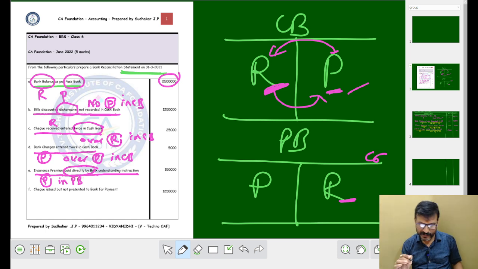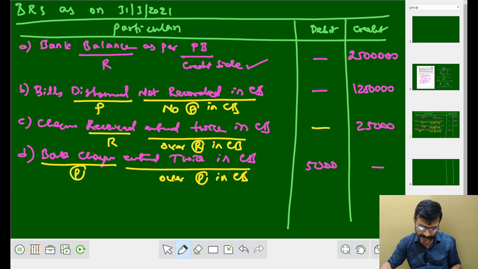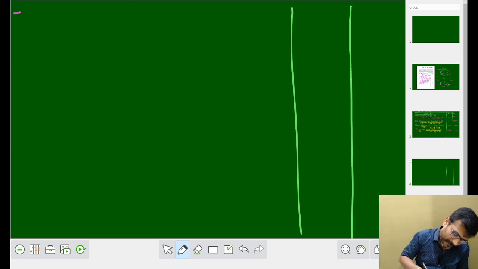My dear kids, when it is debited in the passbook, we have to take it in receipt side, that is, credit side, because here insurance premium paid directly by the bank is entered only in the passbook but not in the cash book. When it is debited in the passbook, we have to take it in credit side, on the opposite side. That is point number E.